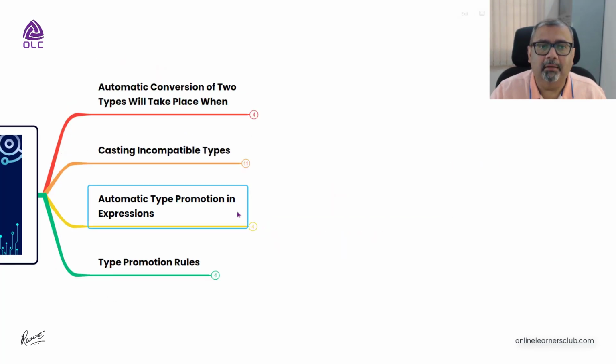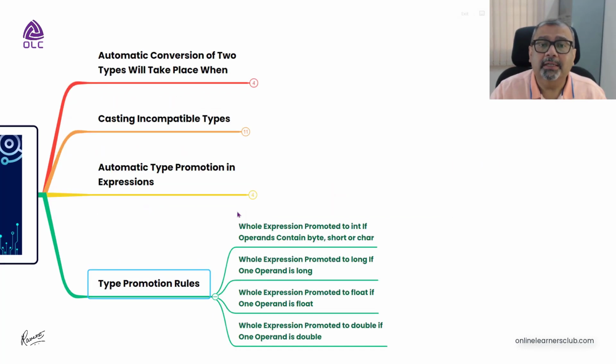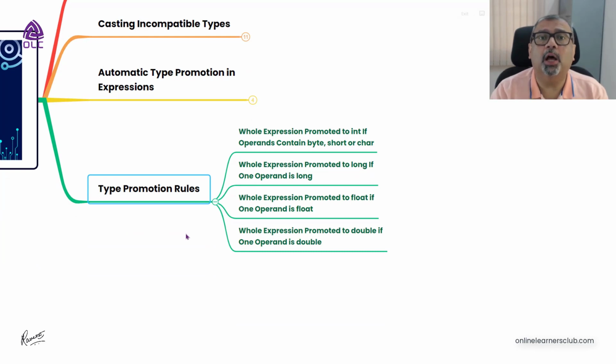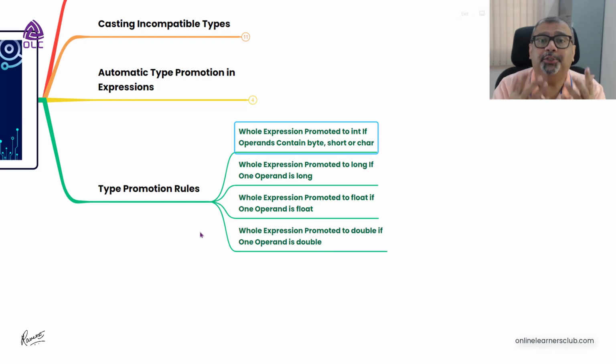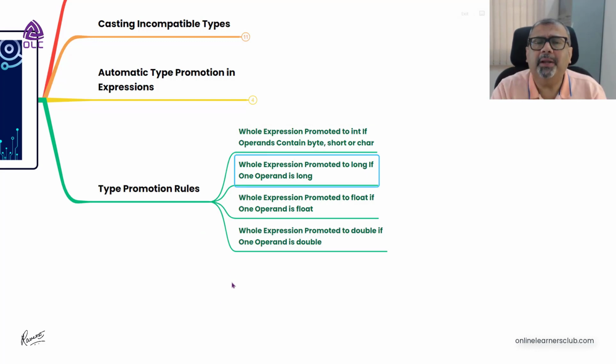Next, we have a summary of the type promotion rules that are supported in Java. The whole expression is promoted to an integer if the operand contains byte, short, or a character. So when you have these types, by default, it will convert to an integer. Next, the whole expression is promoted to long if one operand is long. Say, if you're adding integer, byte, and long, the total should be long, which is pretty logical.